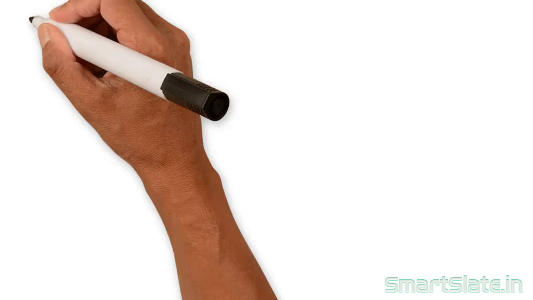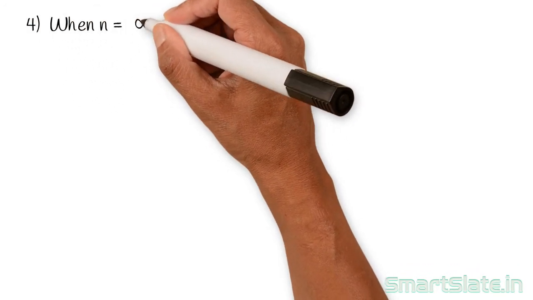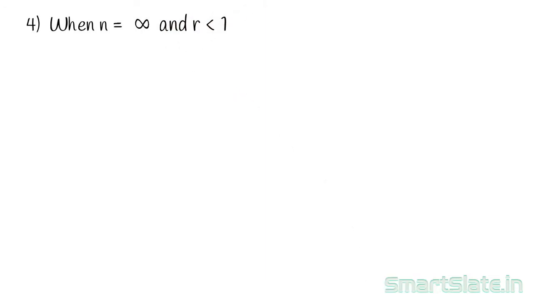Let's consider the last scenario when n is infinity. That is basically when the series is an infinite series and R is smaller than 1. In all the previous cases, n was finite, that is, the number of elements in the series was limited. Let's see what will be the sum if the number of elements is infinite.